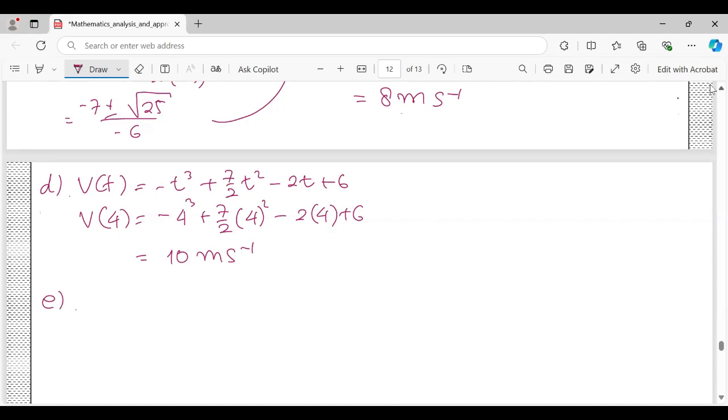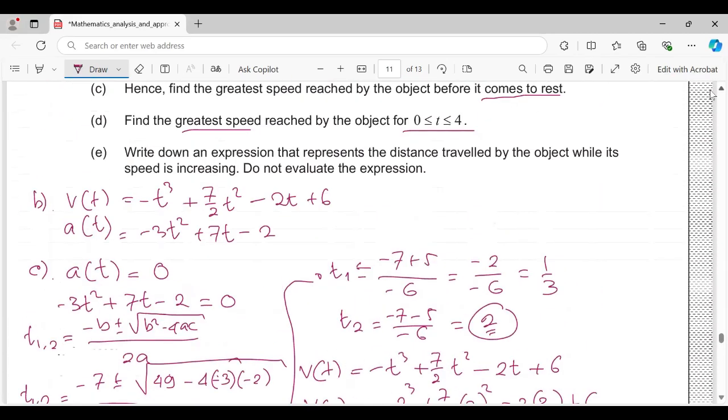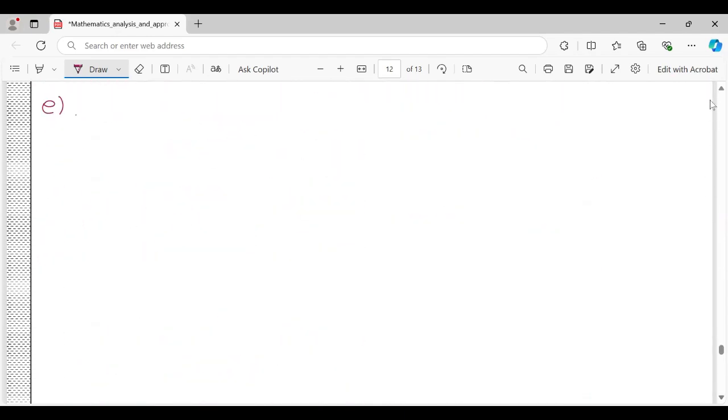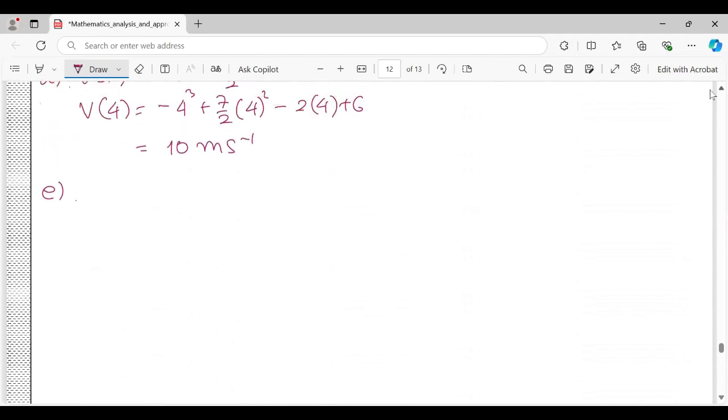E, write down an expression that represents the distance traveled by the object while its speed is increasing. Do not evaluate the expression. We are going to find an expression through an option.